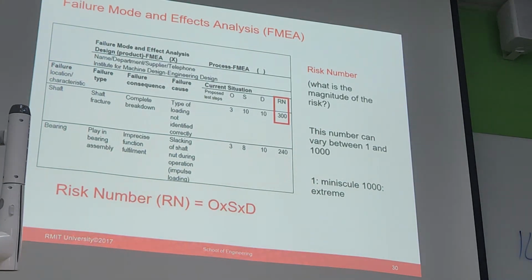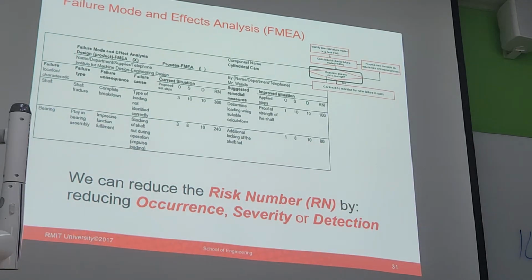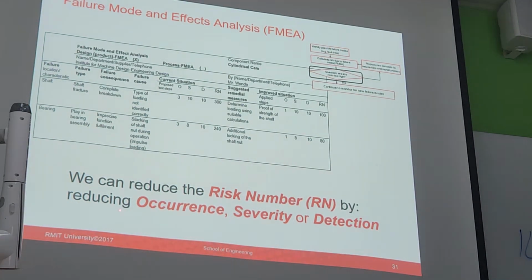So this is very high, 300. A risk number of 300 is too high. What should we do? As I said, this is very high. We have to go back and try to reduce it. Is that correct? So how can I reduce? Tell me. Propose solutions. We work on the occurrence, severity, or detection, and then you try to reduce that.